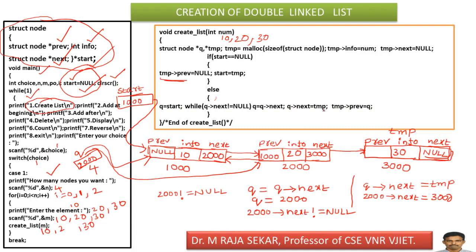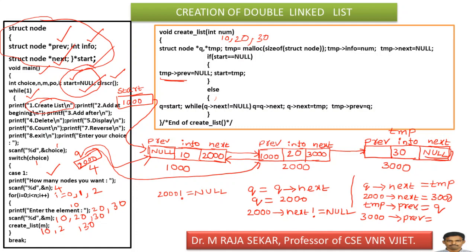Now where will I go? Q arrow next equal to TMP. TMP arrow PREV equal to Q. TMP arrow PREV equal to Q. What does it mean? TMP means what? 3000. 3000 previous equal to Q. What is my Q?